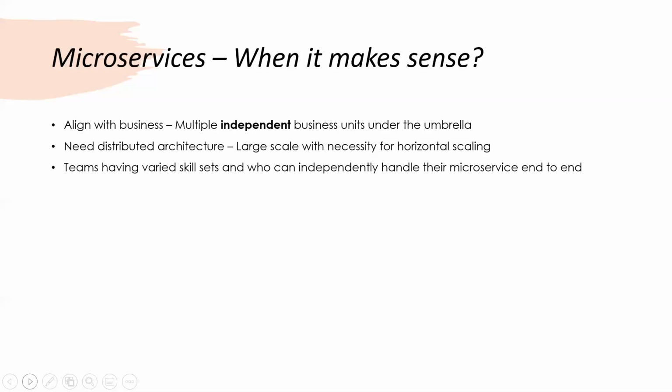And in that case, each team should be able to handle their particular technology stack very well. Unless you have a team that can work independently according to the requirements of their individual service, then it's very difficult to operate as a team for a microservices based architecture.